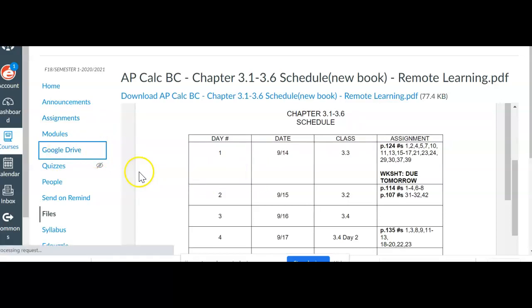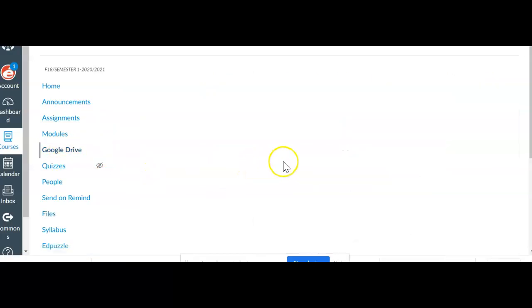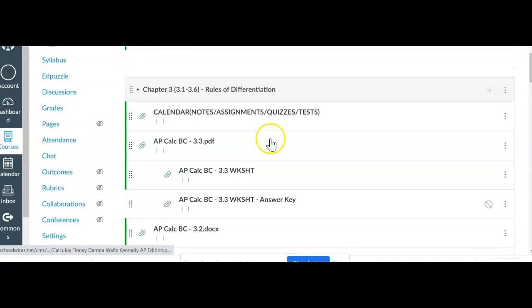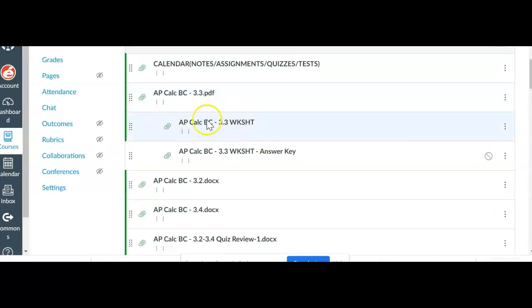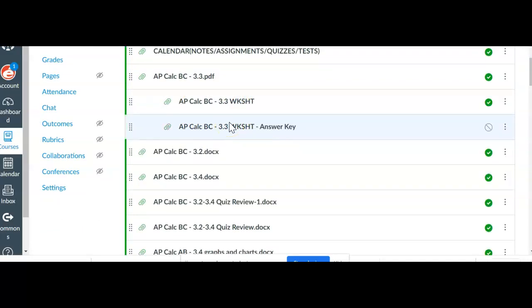That is found on your home page on our Canvas page, right underneath those notes. This is the worksheet on this stuff. If you were to grab that, print it, or just reference it on the computer, if you don't have a printer, just write it down on a sheet of paper. Get that uploaded to me by tomorrow, and if you have any questions, we can talk about it also. Okay?